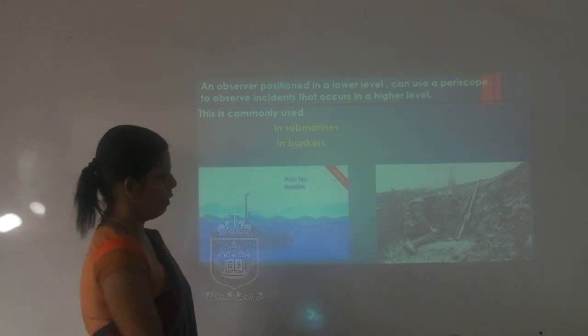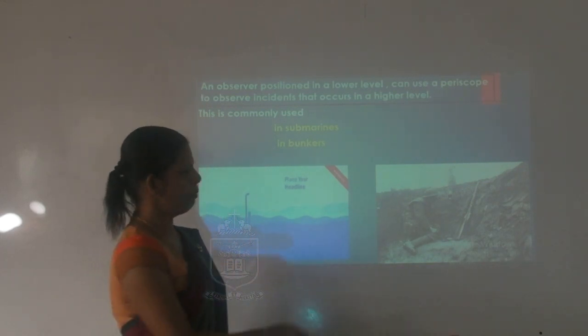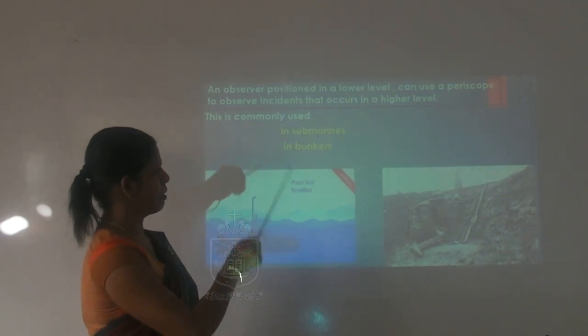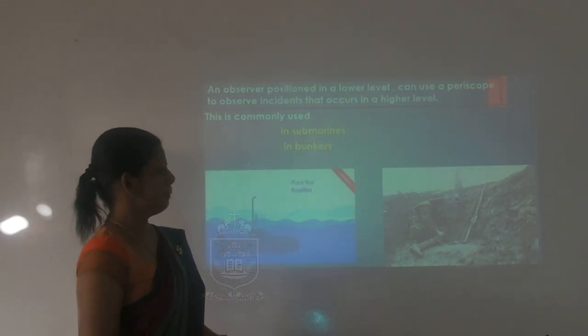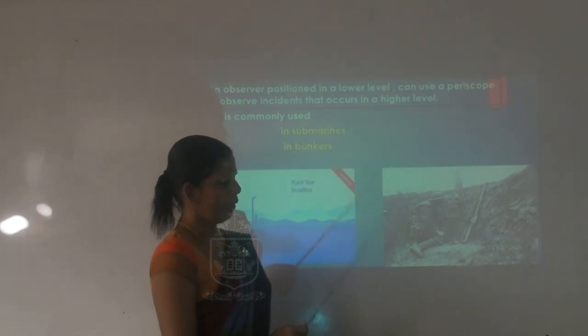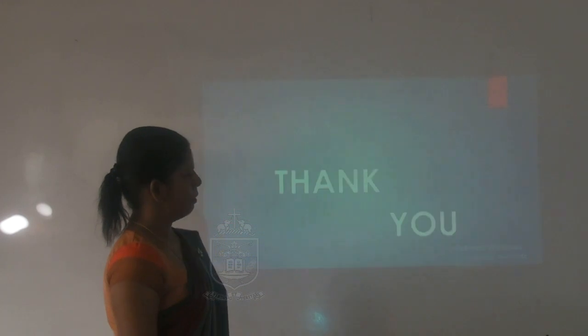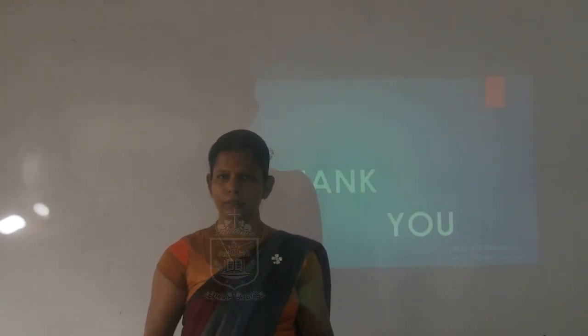In bunkers also we can use the periscope to observe the outside of the bunker. There are other instances where the periscope is used that we can discuss. So my dear children, thank you and God bless you.